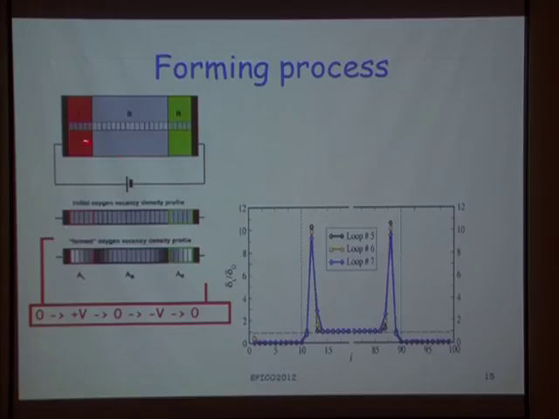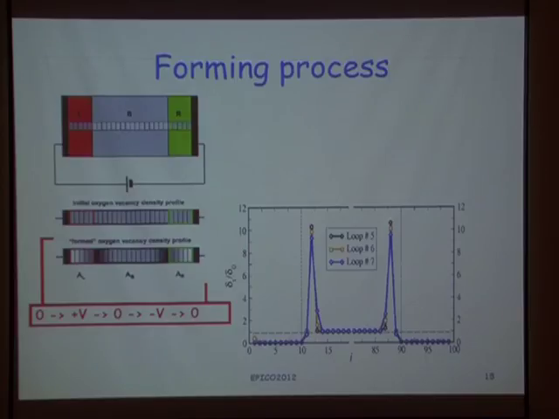This is the left interface, this is the right interface, and this is the bulk side of the sample. As I told you, the interfaces are the highly resistive ones in which the high electric fields are going to develop. So we are going to move vacancies towards the interface regions, but at the bulk side of the sample, the electric field is much, much lower than at the interface.